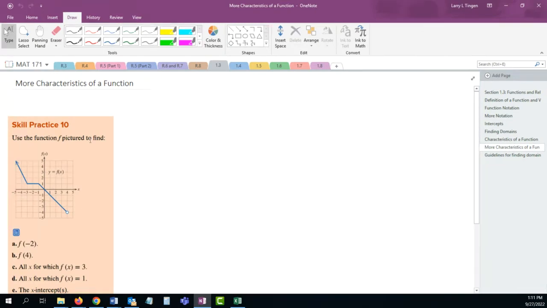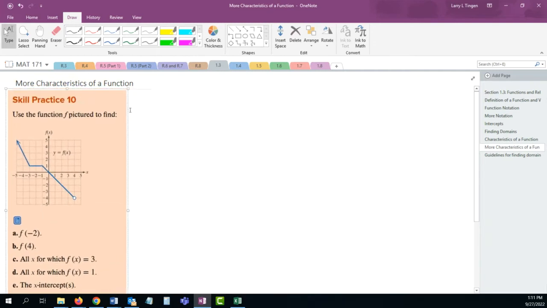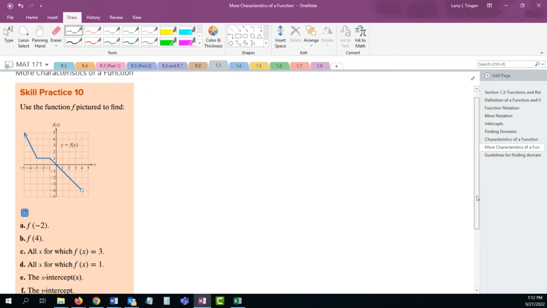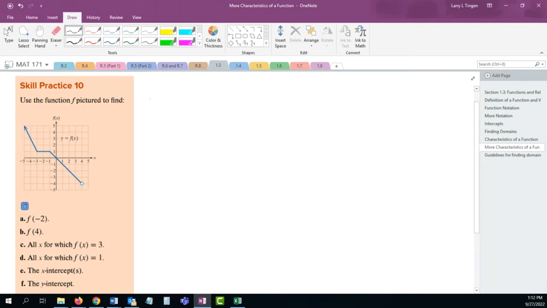All right, so we're going to warm up with one more of these and finish 1.3. I'm going to show you a little bit on domain and range for algebraic. So same concept as the last one, where we evaluate f at -2. So for part A, f at -2, where is that?